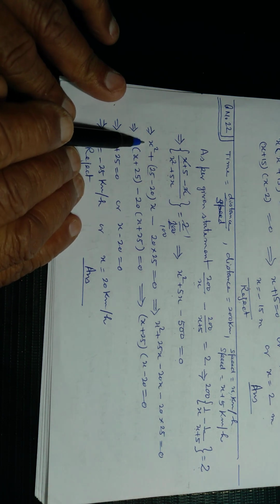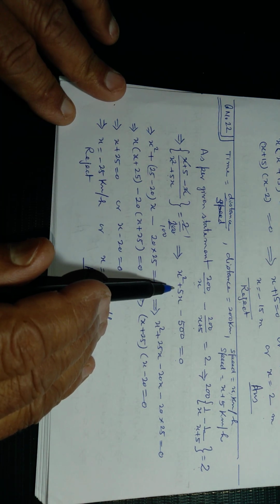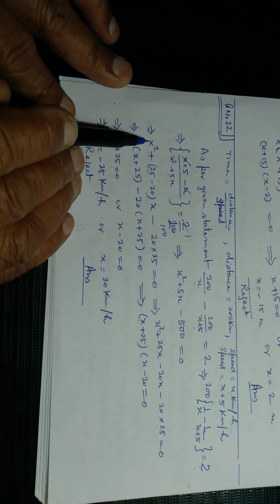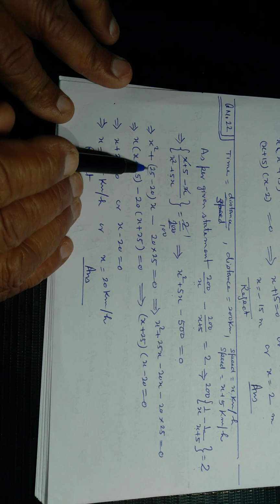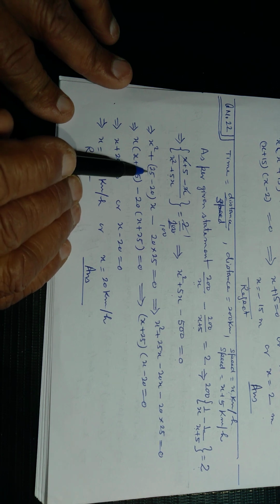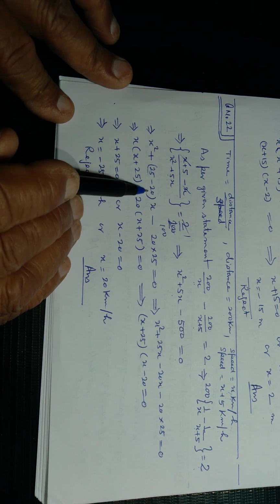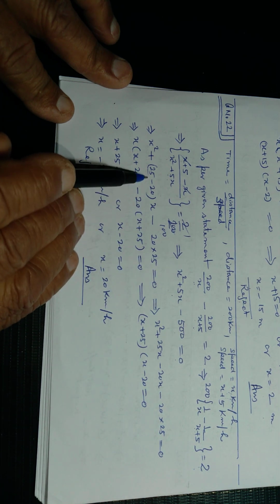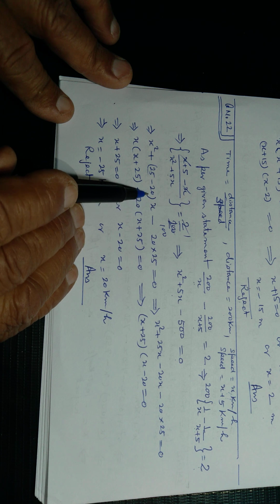So we have to split this 5 in such a way that the product should be equal to 500. X square plus, inside the bracket, 25 minus 20, that will be equal to 5. So 25 minus 20 will be equal to 5.